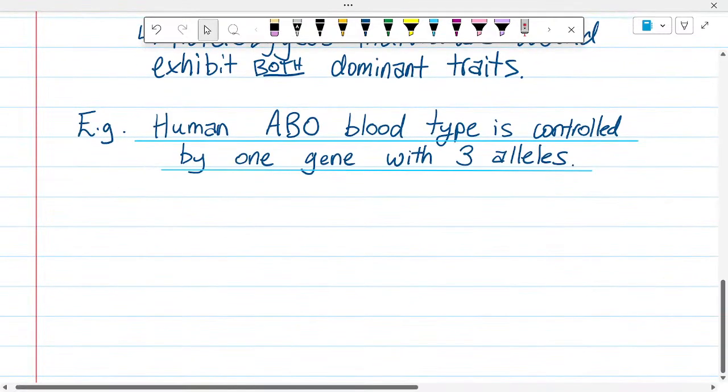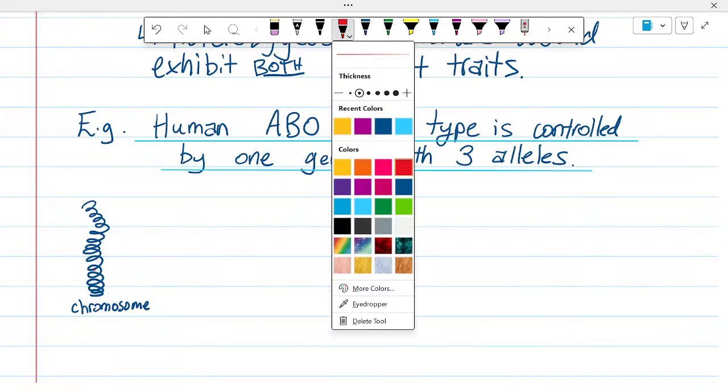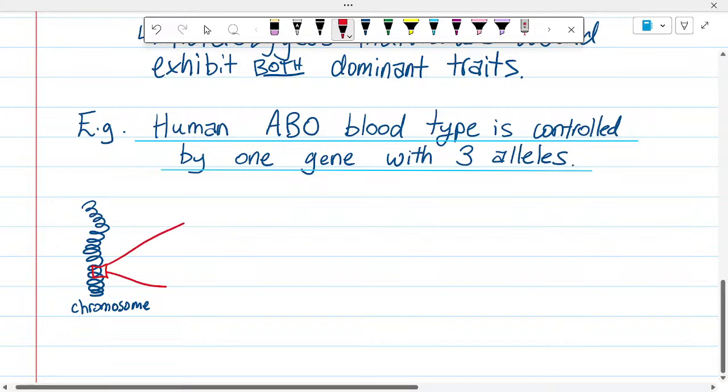Keep in mind that on some chromosome, here's a chromosome, we could look at a specific section of it. We could zoom in here, and we'd see there's some DNA, and DNA, of course, looks like this double helix, right?